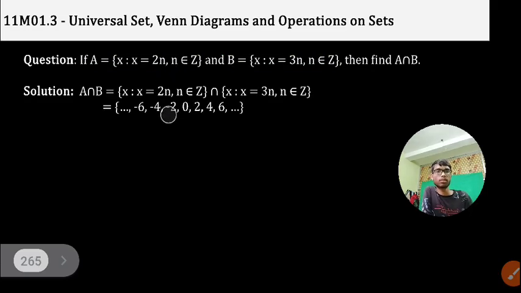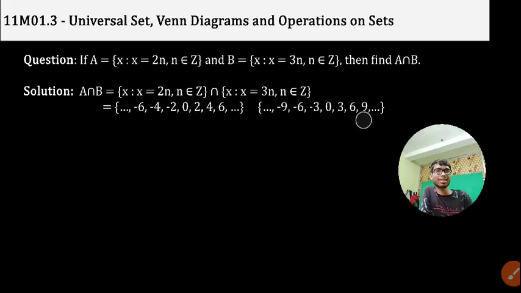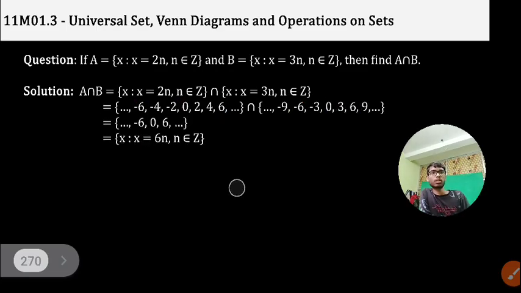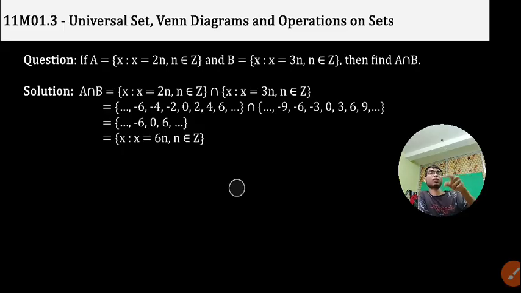Here we are getting even numbers, and here we are getting 3, 6, 9. So 6 is in the intersection of this and this, and there are infinitely more. 6 is in both the sets.